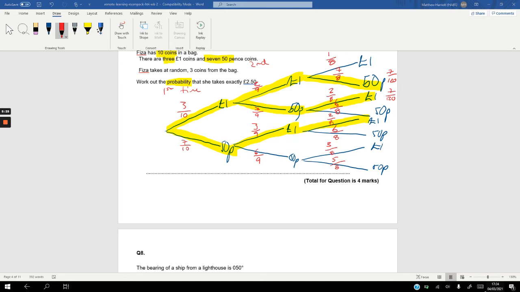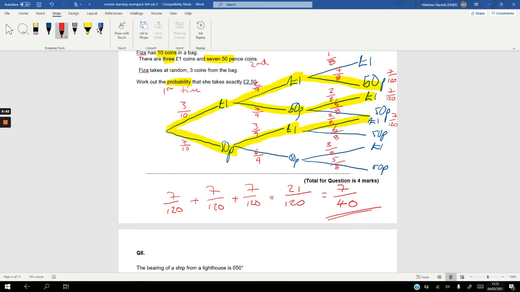And this again will be 7 over 120. So what I have is 7 over 120 plus 7 over 120 plus 7 over 120, which is 21 over 120, which will simplify down if I divide top and bottom by 3 to 7 over 40. And that's my answer. Okay, 7 over 40.